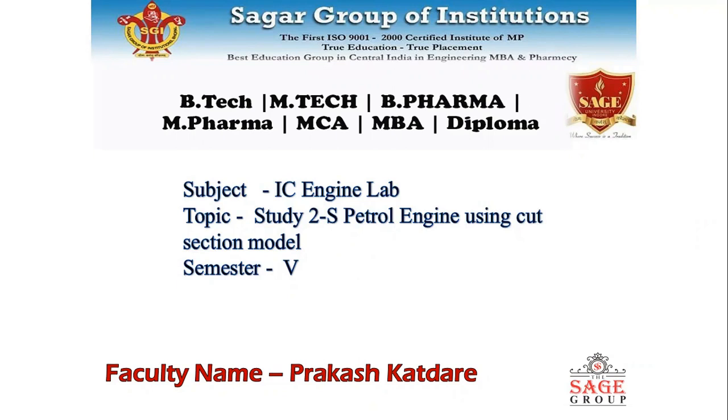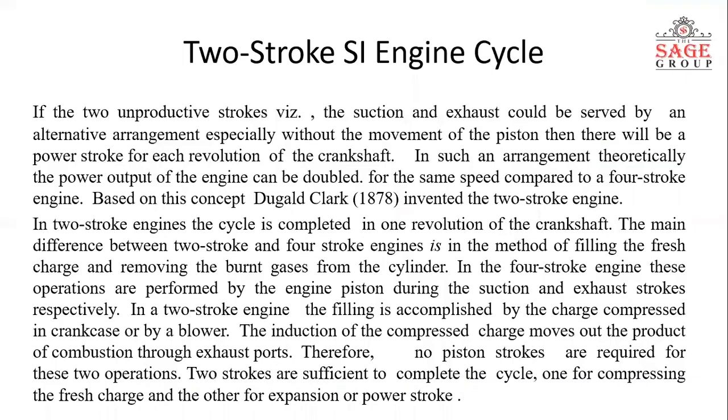The two-stroke engine was based on a concept invented by Dougal Clark in 1878. The concept was that if the two unproductive strokes, that is, suction and exhaust, could be served by an alternate arrangement, especially without the movement of the piston, then there would be a power stroke for each revolution of the crankshaft.